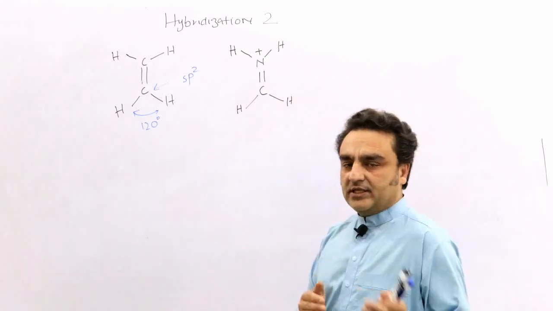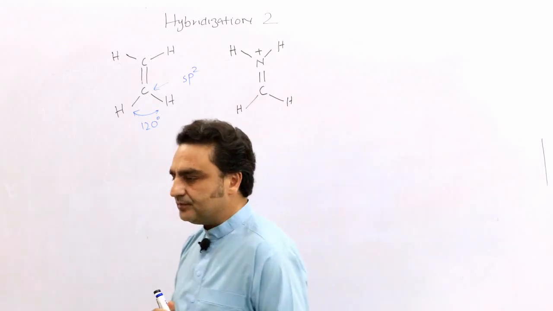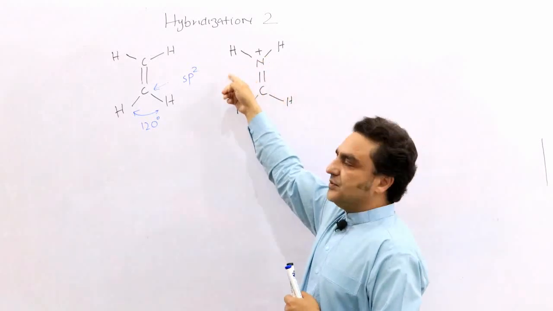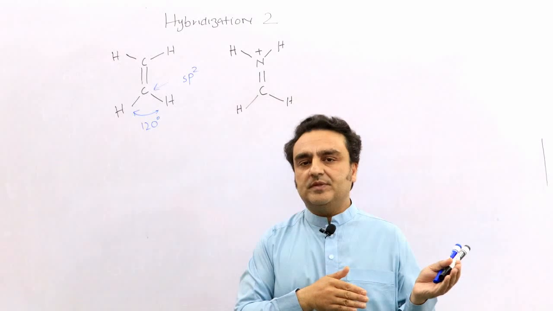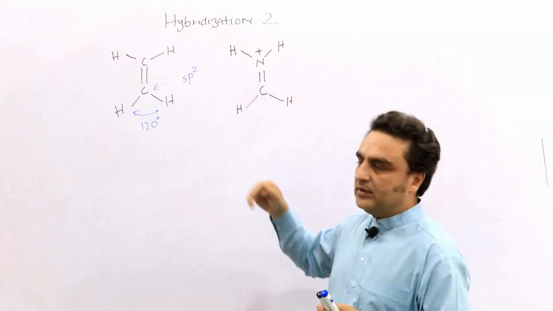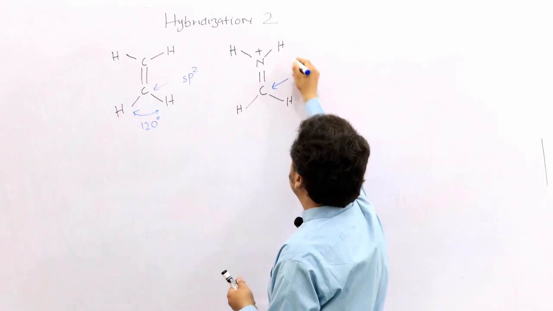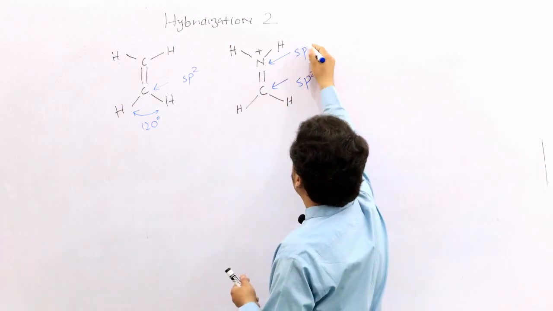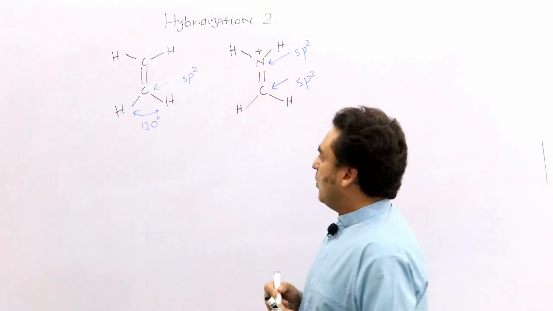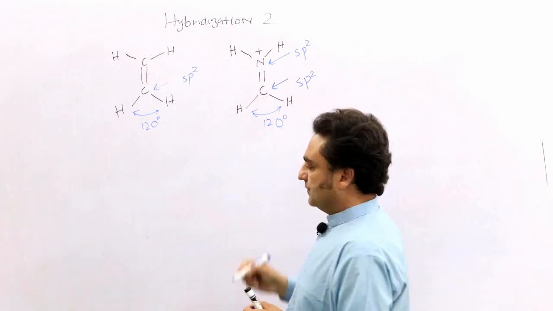Again, it seems like the same situation that we are repeating. Here nitrogen has a positive charge, but this positive charge appears on the nitrogen because it has donated its lone pair to some proton. So nothing else. Again, this molecule is a flat molecule, and this carbon atom is sp2 hybridized, and this is again sp2 hybridized. The angle between those 2 hydrogens is almost 120 degrees.